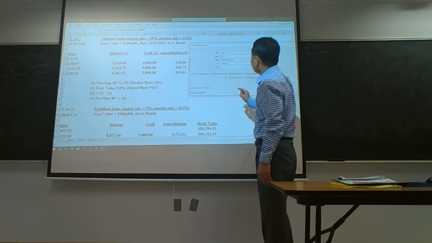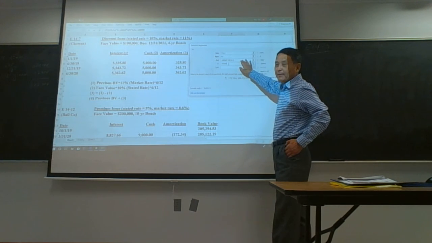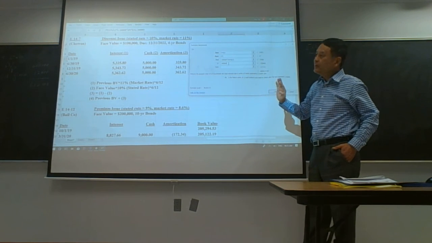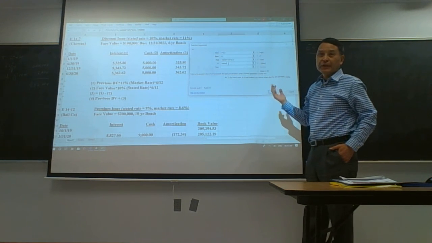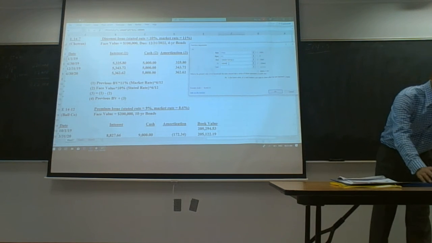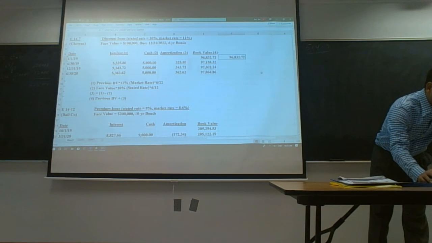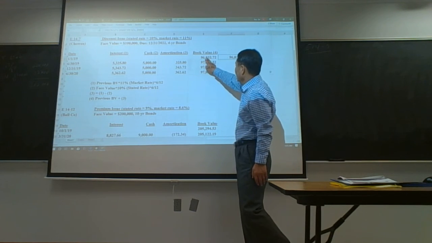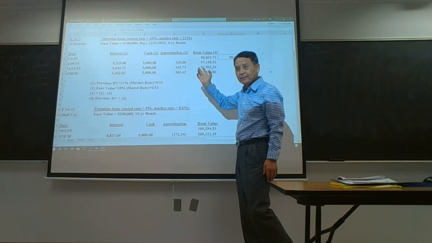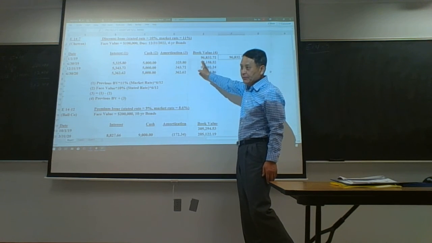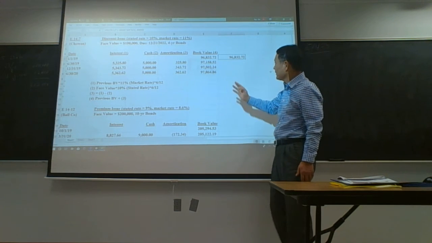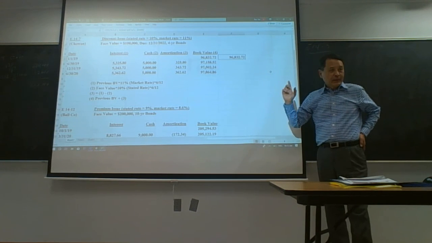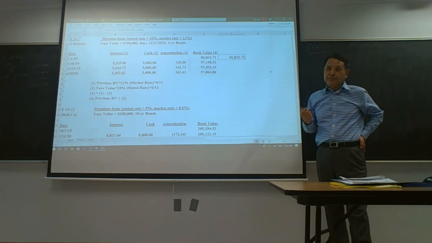So this is for present value of payment, and this is for present value of the future value of $100,000. Click on OK, then you come up with a present value or price, 96,832, which is given. So you don't really have to compute this present value. So this is how you come up with the price of this bond.